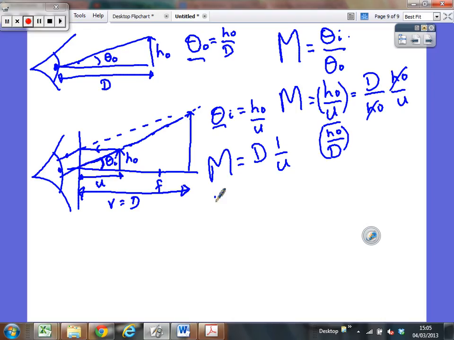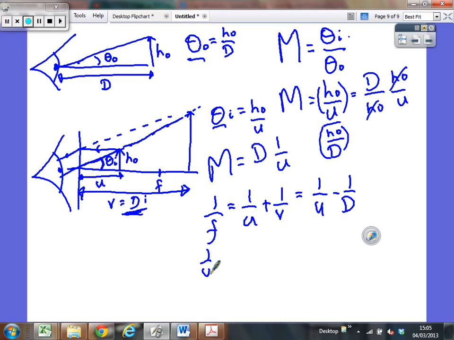I remember my lens equation: 1 over f is equal to 1 over u plus 1 over v. But v is equal to the distance to the near point d, and it's also virtual. Because it's a virtual distance, this becomes 1 over u minus 1 over d, because I substituted in for the distance to the near point. Rearranging, I get 1 over u is equal to 1 over f plus 1 over d.